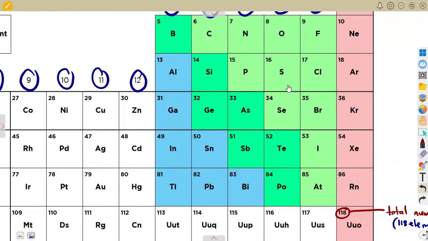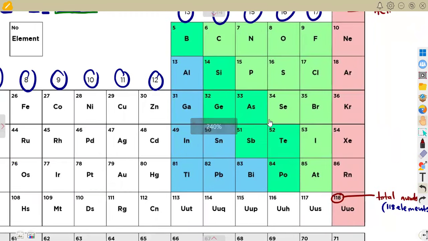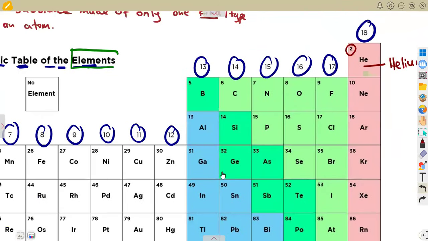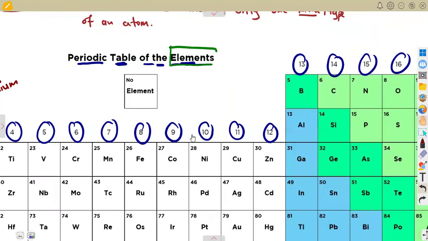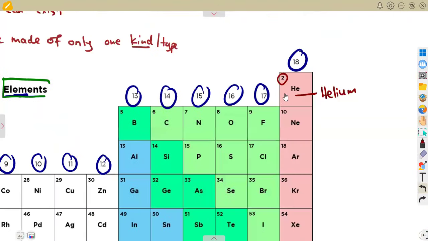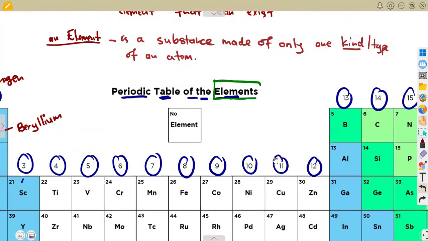What is important for you grade 8s is that you need to know your groups. You also need to be able to name at least the first 20. Just go through the first 20 from hydrogen. Number 2 is helium.